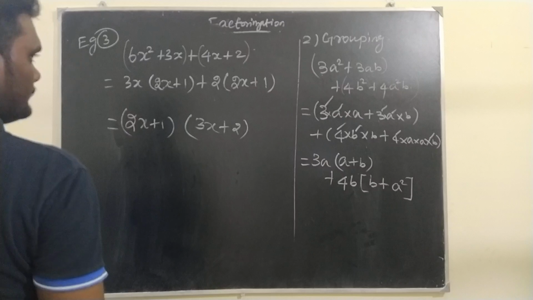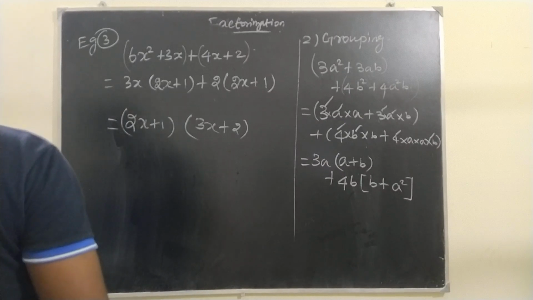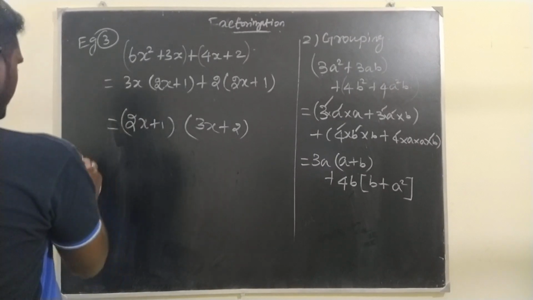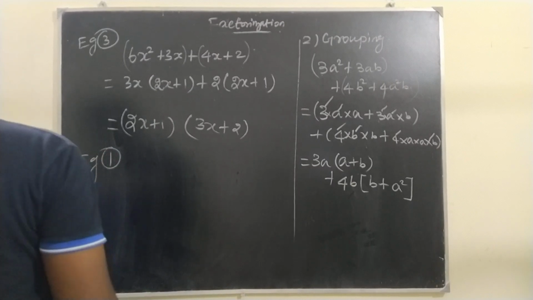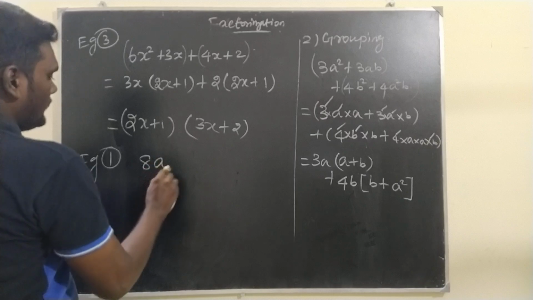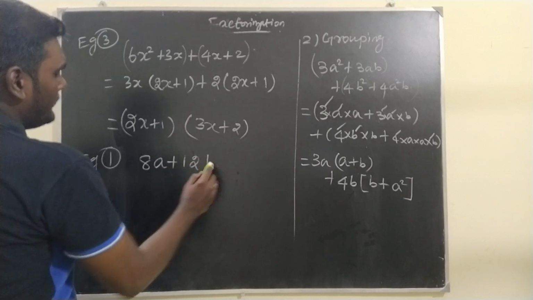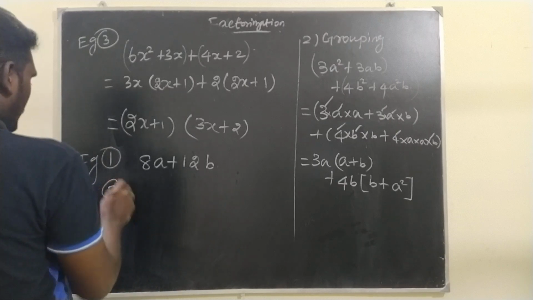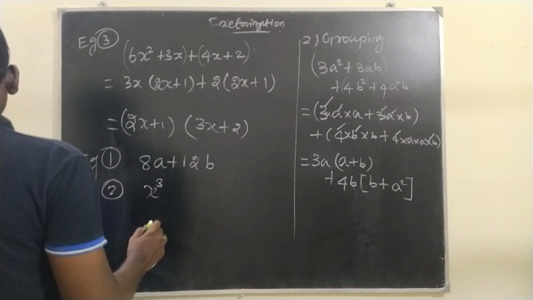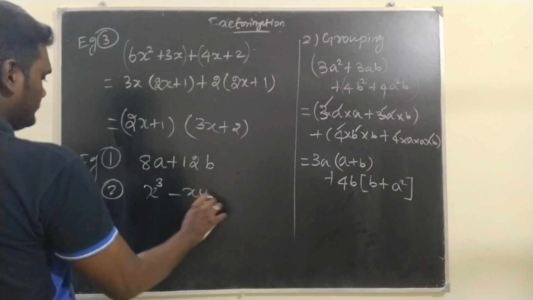Okay. Now in this type, I'll give you 2 questions. You try to figure it out. Example 1. It is 8a plus 12b, and the second one x cube minus xy.